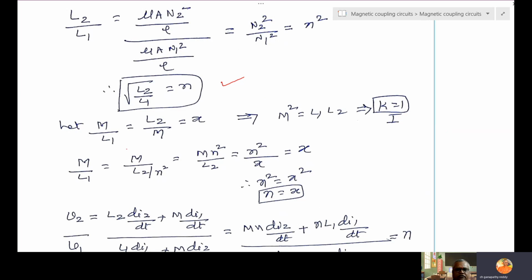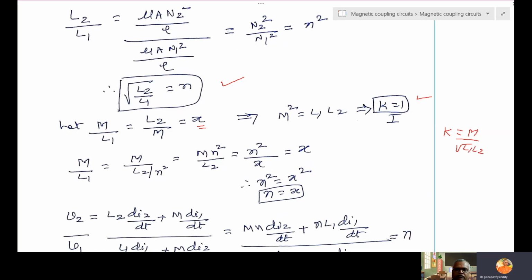Next, simple mathematical magic. Let M by L1 equal L2 by M equal some unknown X. When I assume this, M square equals L1 L2. M square equal to L1 L2 means automatically K equals 1, because we derived K equals M by root L1 L2.